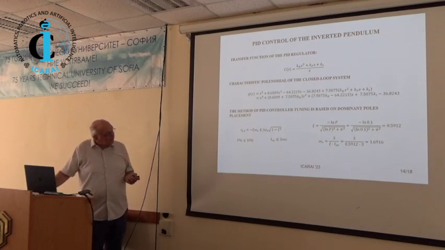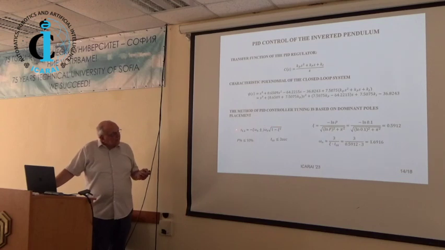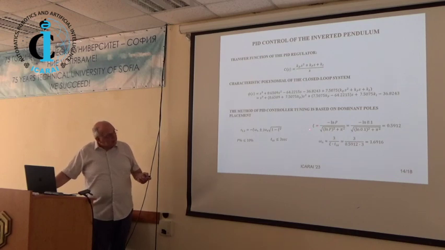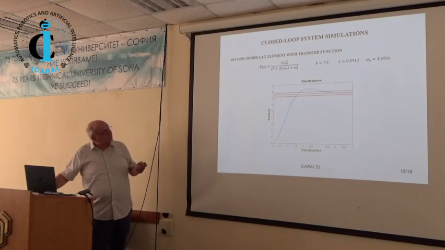So here are some relations concerning second order systems, and we have set some values of the overshoot as well as the settling time. We obtain the dominant poles, which depend on these values. This is the damping ratio, and this is the natural frequency of the second order system, which is presented like that.